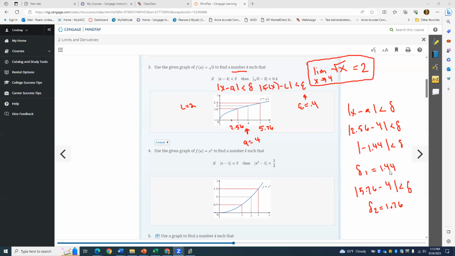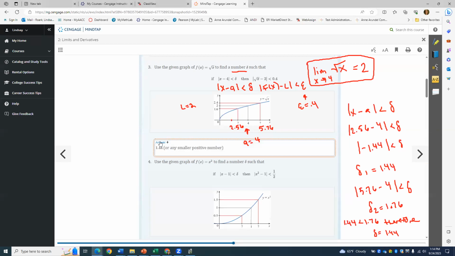In that case, 1.44 would be my smallest delta, because 1.44 is less than 1.76. Therefore, delta equals 1.44. And then we can click to see the answer: 1.44 or any smaller positive number.